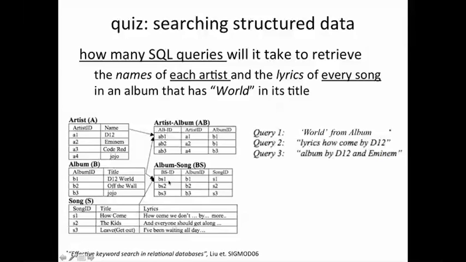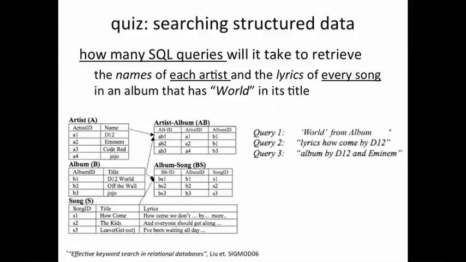We also have to find out all the artists that compose this album from the artist album table, and then retrieve the actual artist names. Each of these can be done with a single query if you allow a one-table traversal join. Otherwise, each of these will require two separate queries.